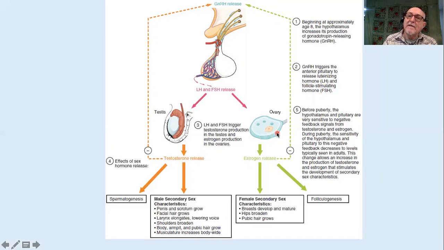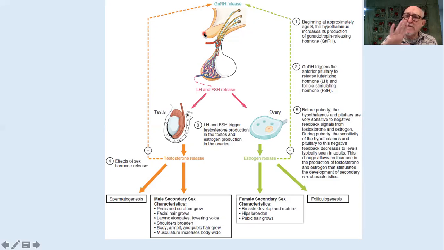They will get the ovaries to produce estrogen, and they'll get the testes to produce testosterone. But here's the thing. Before puberty, the hypothalamus is exquisitely sensitive to the presence of these hormones, estrogen in the female, testosterone in the male.